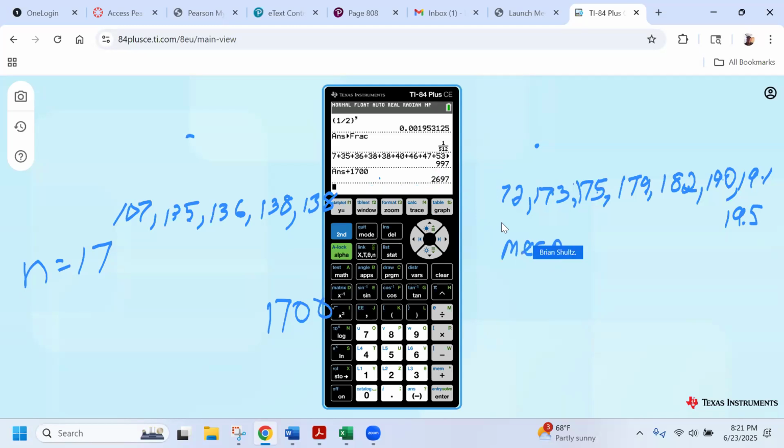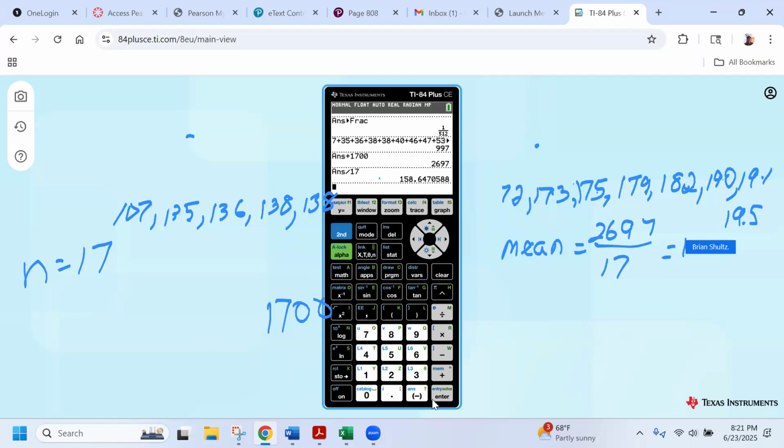Add up the values, which is what I just did, 2,697, divided by the number of values, 17. Enter. 158.65. Pay attention to what they ask you to round to. I'm going to round this to the hundredth.